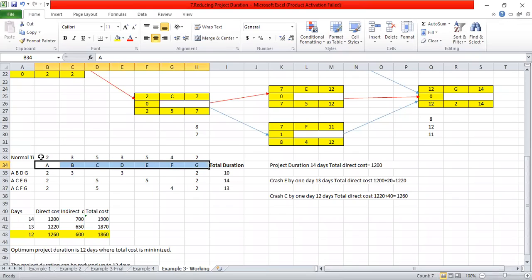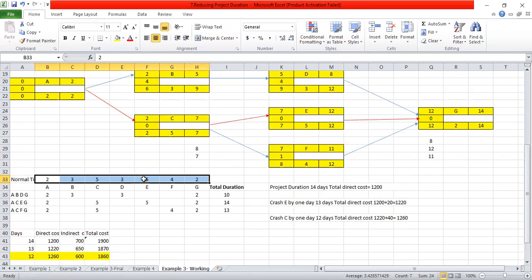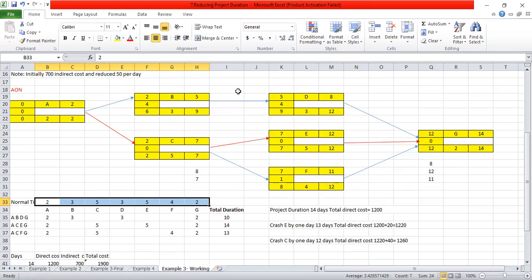Then I will write down all the paths in the project network. So I will take the first path, A, B, D, G.